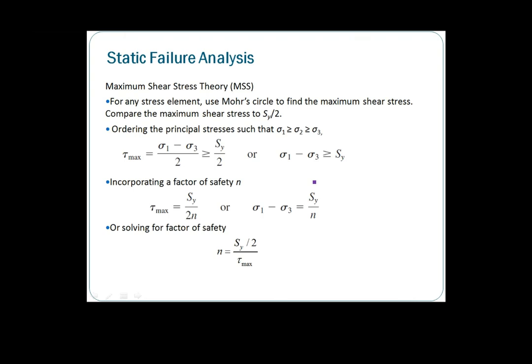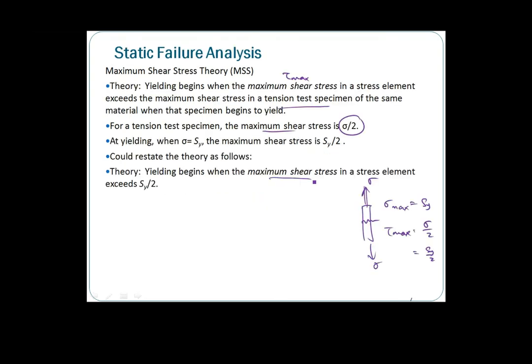So what it means here, if you have a Mohr circle, basically you have to go back to what you have learned in mechanics of materials. I will just quickly go through it.